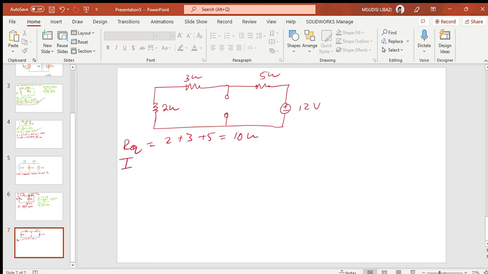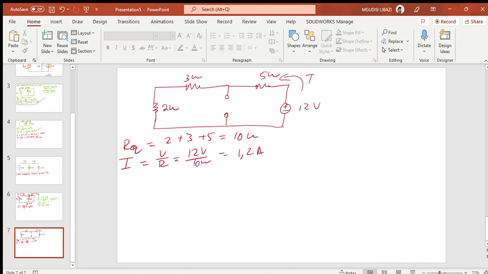And then I can find the total current now, which is going to be voltage divided by resistance. I have 12 volts divided by 10 ohms, and 12 divided by 10 gives 1.2 amps. This is the total current emitted by the 12 volt source.